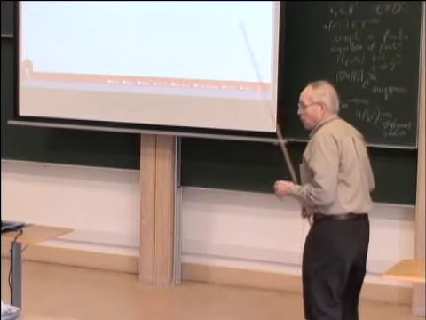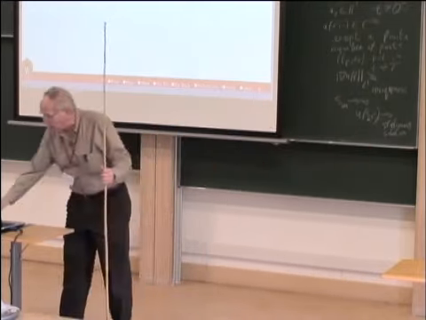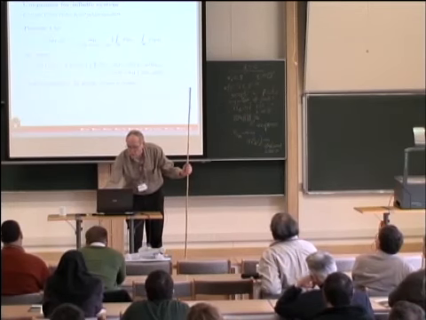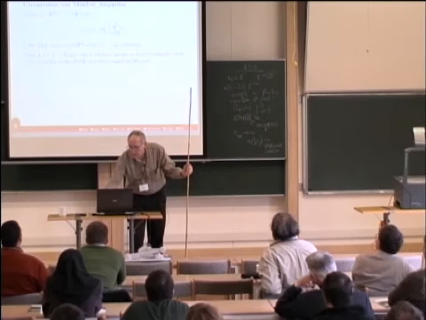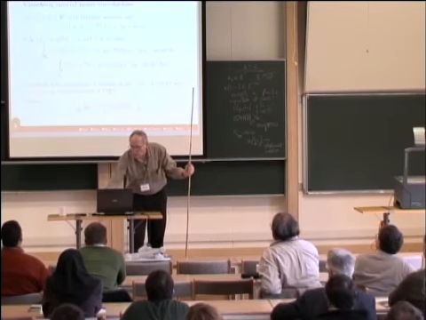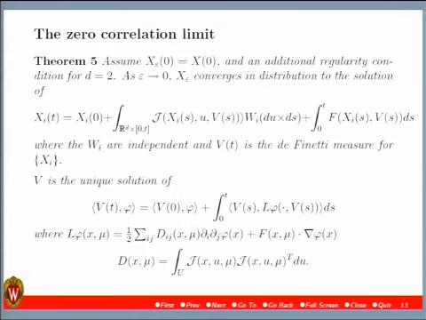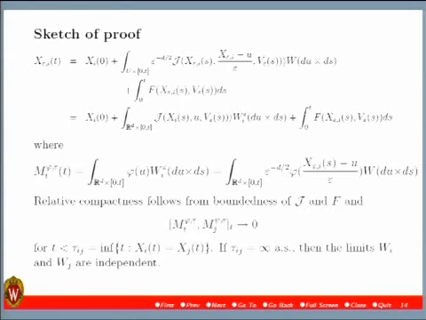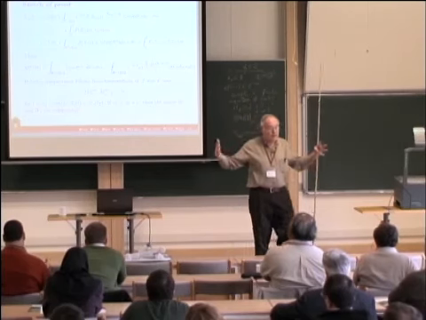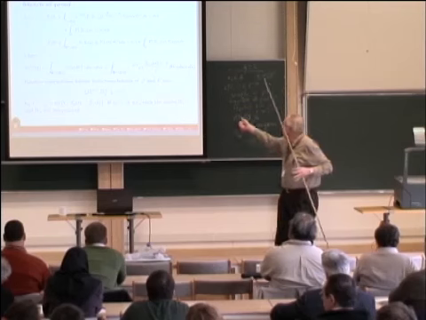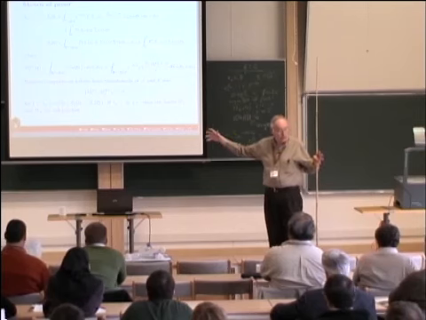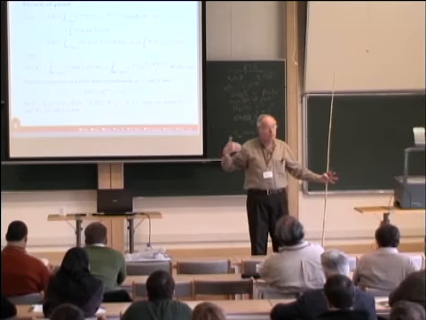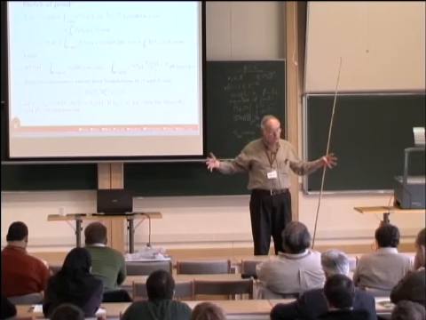And the way we identified the limiting equation was to rewrite the equation in terms of these W epsilons. Okay, so now I have the W epsilons. They aren't independent, but they are exchangeable. So I've got this system that's driven by exchangeable noise.